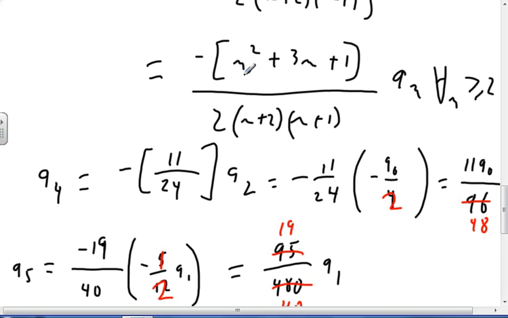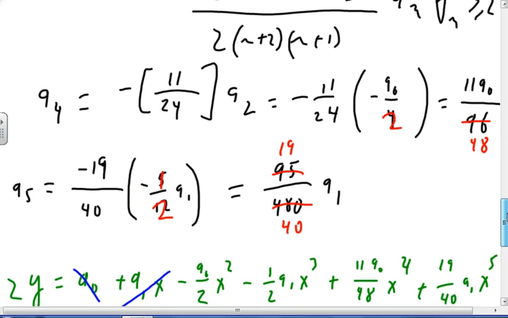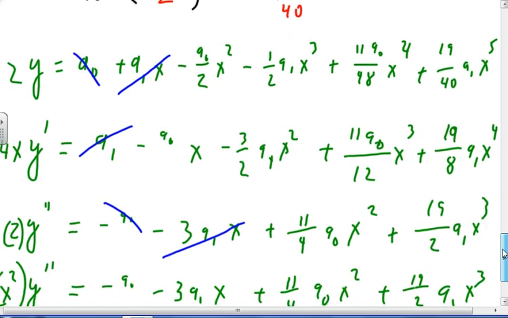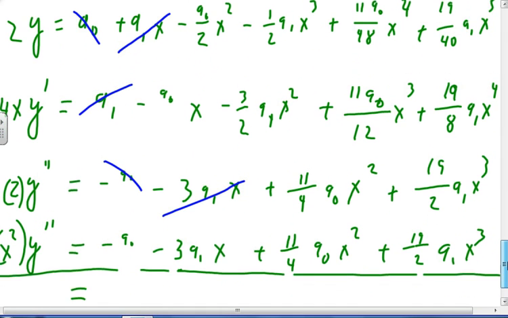N is 2. 4, 6 for 10, 1 for an 11. Okay, so that is an 11. And that is a 48. Okay, 4 goes into 48 12 times. 3 goes into 12 4 times.